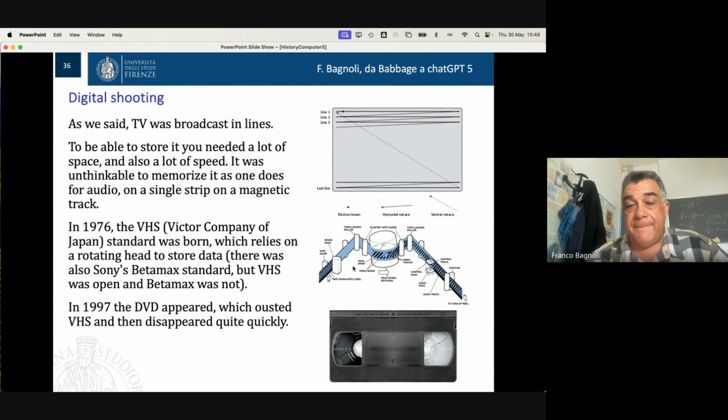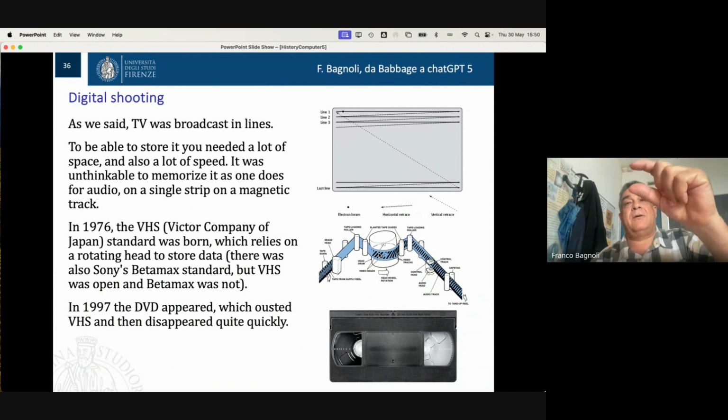So this required quite sophisticated machinery, with a rotating magnetic head and these lines of information stored in a skewed way on a large, about 1 inch, tape.